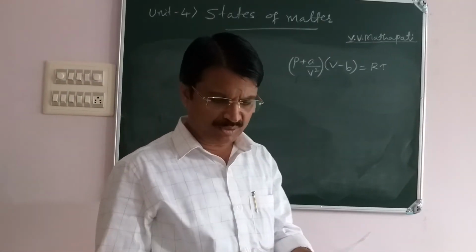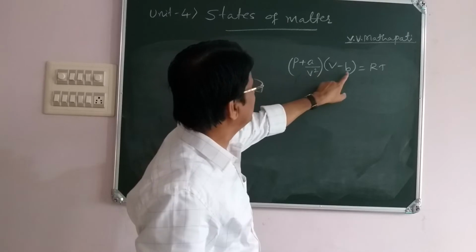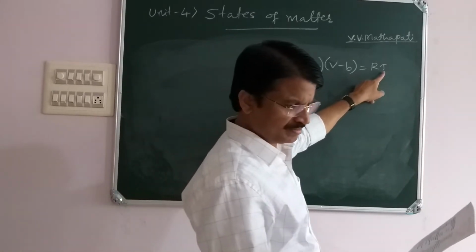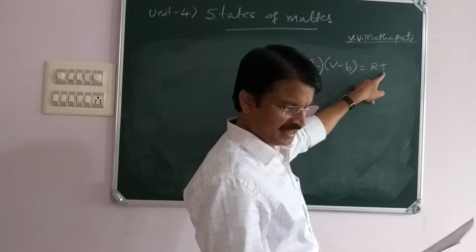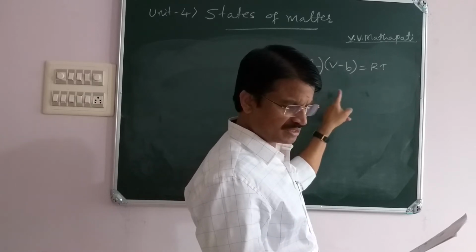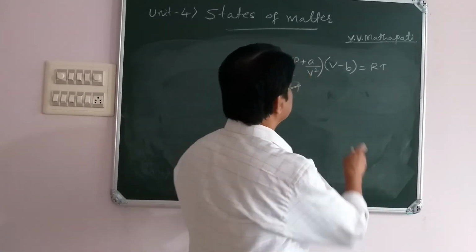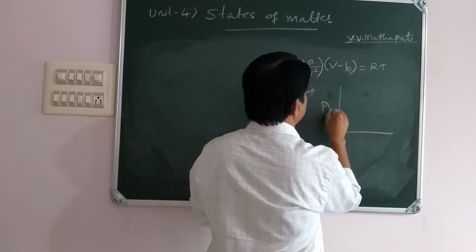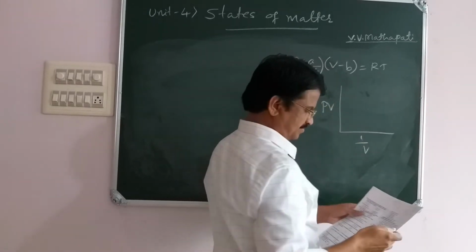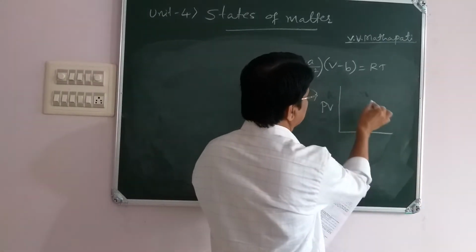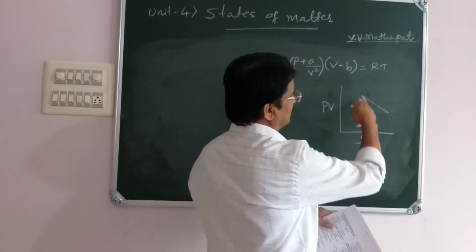And they give B value 0, T value 300 K, and a PV versus 1 by V plot. The graph is like this, this is the nature of the graph.